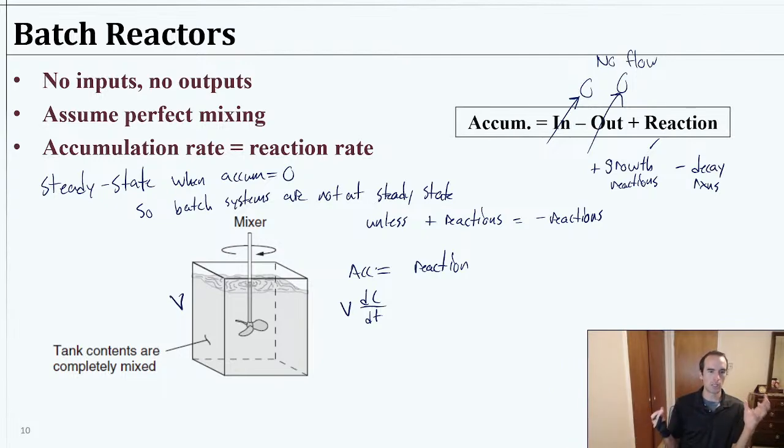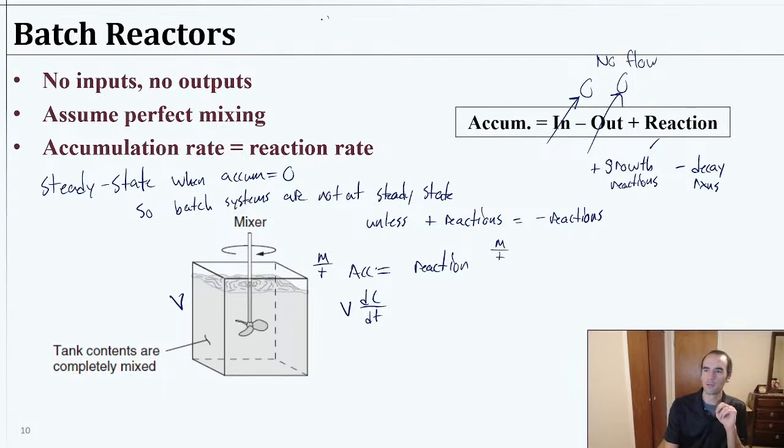It's a change in our mass, or our concentration in this case, over time. That's accumulating, whether it's negatively accumulating or accumulating positive like we normally use the word. And it's going to happen in some volume, which, again, let me remind us that our rate terms are always going to come back to a mass per time value. So whatever our reaction term looks like should end up as a mass per time.